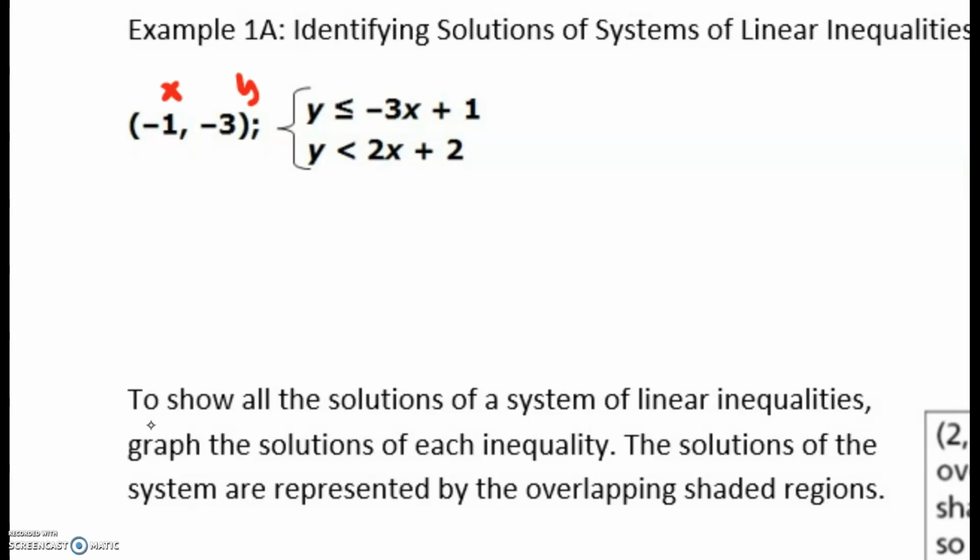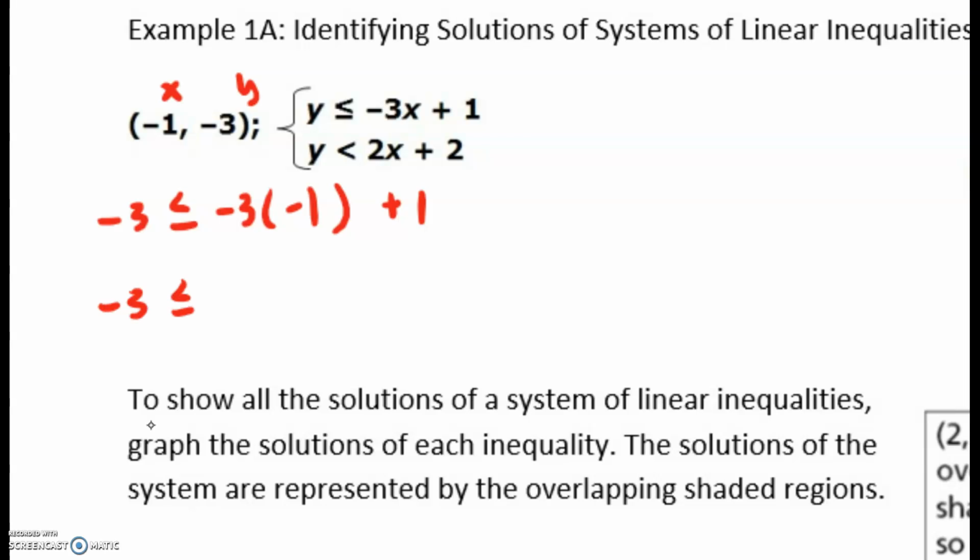Okay, so I'm going to plug it into the top equation first. If I plug the negative 3 in for the y, I have negative 3 on the left. If I plug the negative 1 in for x, the x would be replaced with the negative 1, but I still have the plus 1. Okay, and then now we need to simplify that.